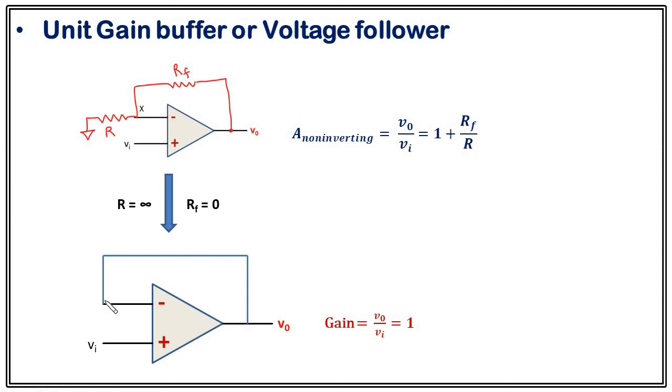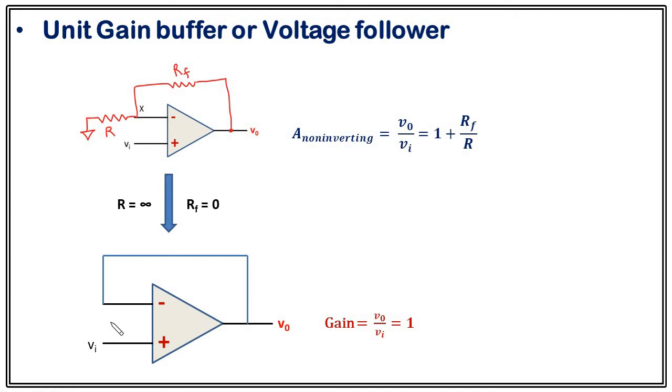That is, input voltage is equal to output voltage. Again the gain will be 1. As input voltage is the same as the output voltage, the output is following the input voltage. Therefore this circuit is called voltage follower circuit. As gain is 1, this is also called unit gain buffer circuit.